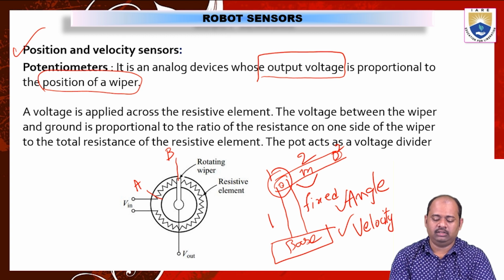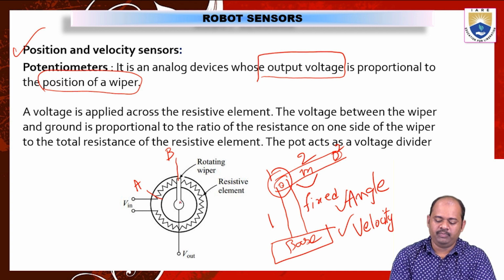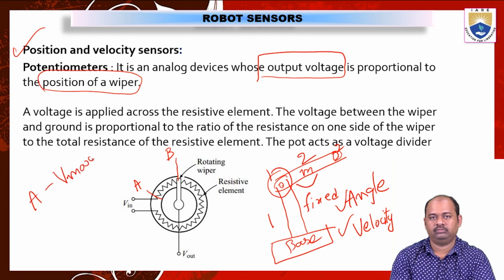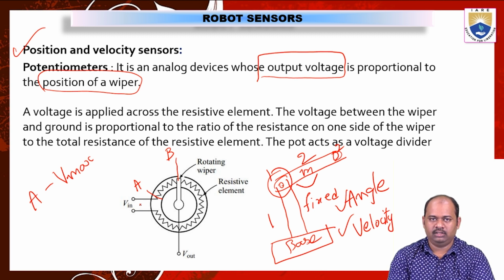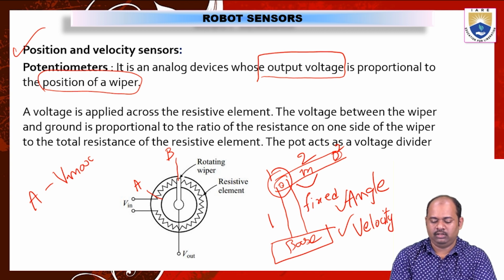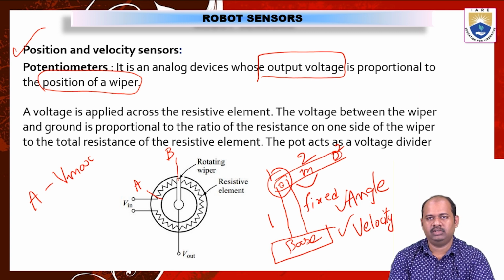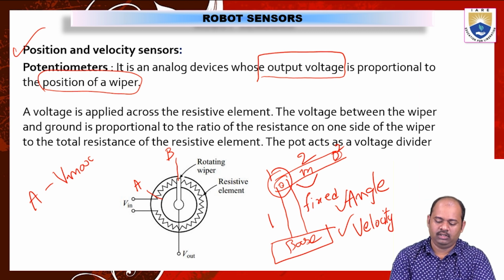The voltage is completely transferred to the output when the wiper is at point A. Point A, maximum voltage, which means whatever voltage is given into the potentiometer, the same voltage comes out of the potentiometer. So at point A, the voltage is maximum, the same as the input voltage.